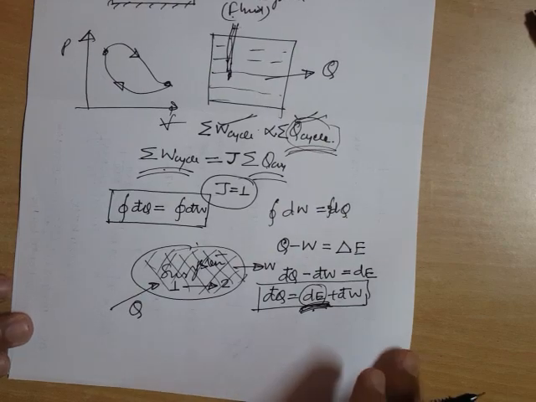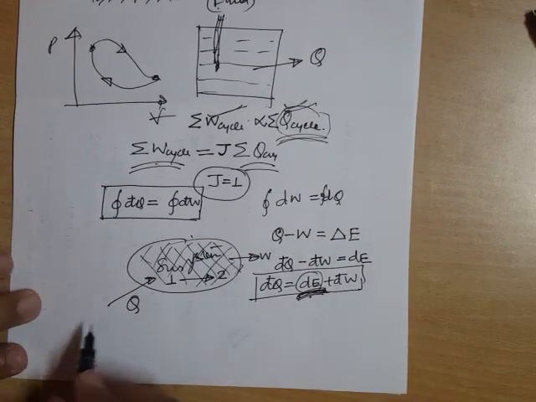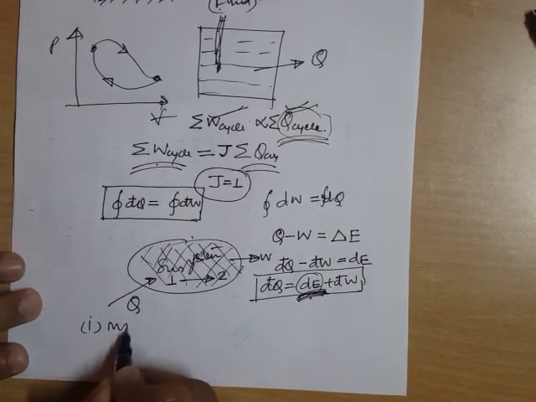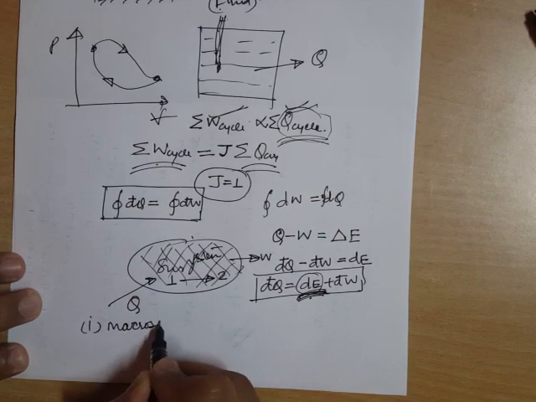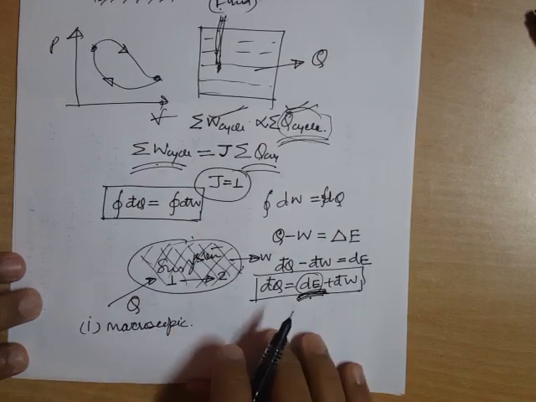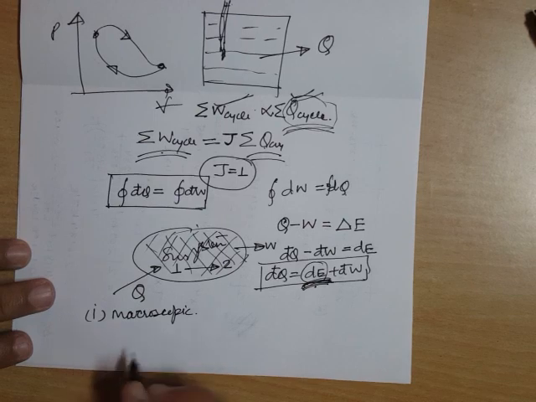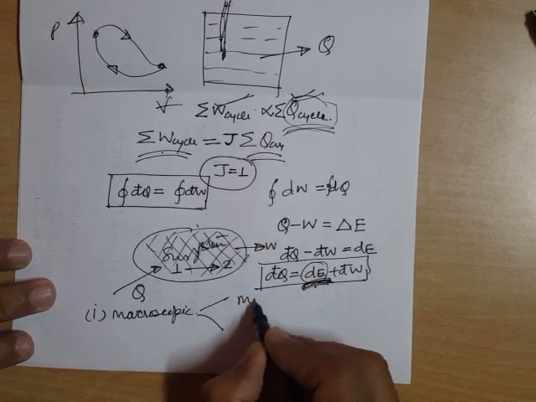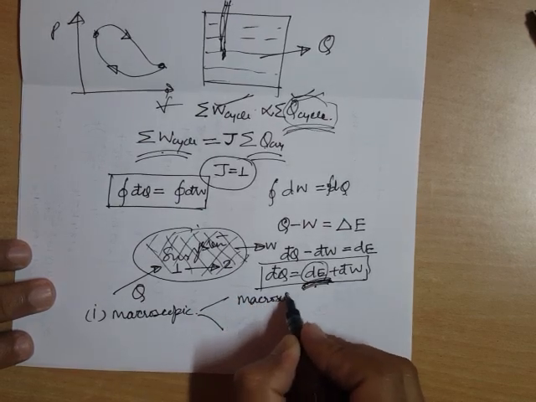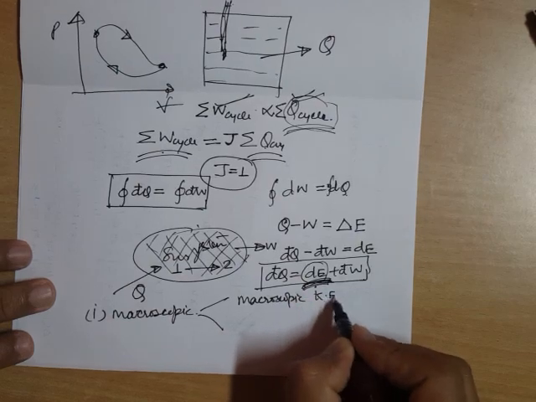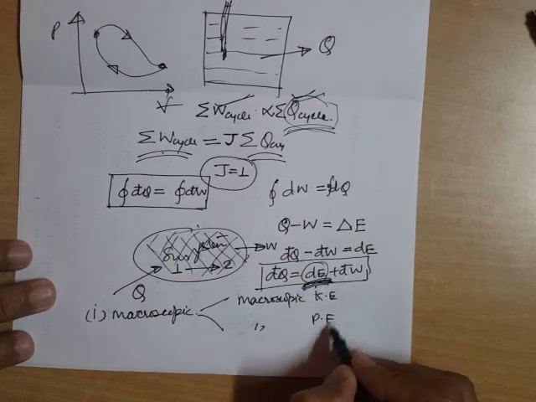Now, the modes of energy storage by a system. Number one is the macroscopic. What do we mean by this macroscopic term? Macroscopic means macroscopic kinetic energy or macroscopic potential energy.